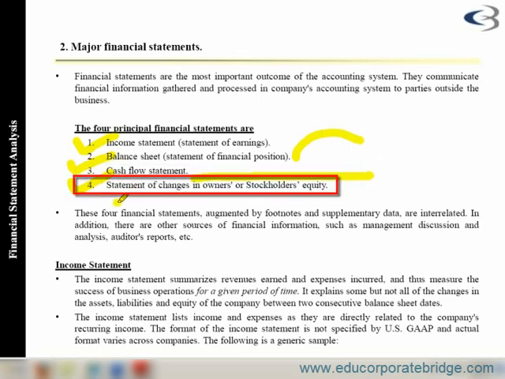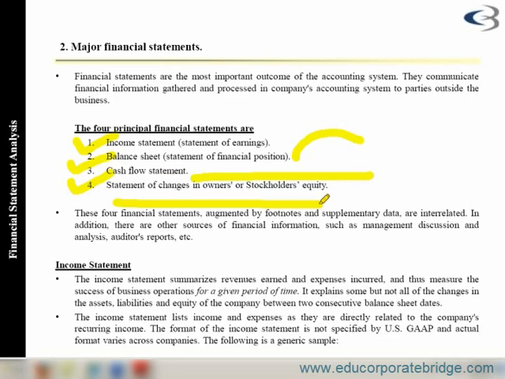And the statement of changes in owners' or stockholders' equity. Owners are the promoters of the company, and how their equity has changed over a period of time, from last year to this year, is very, very important. So these four statements are very important.